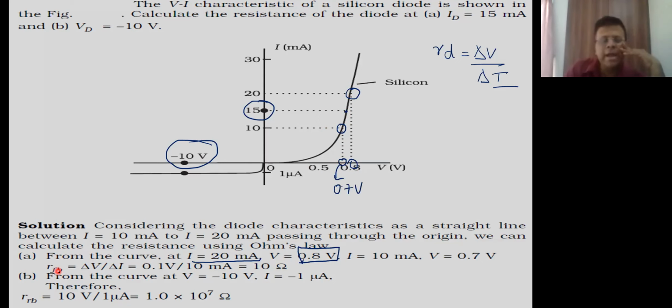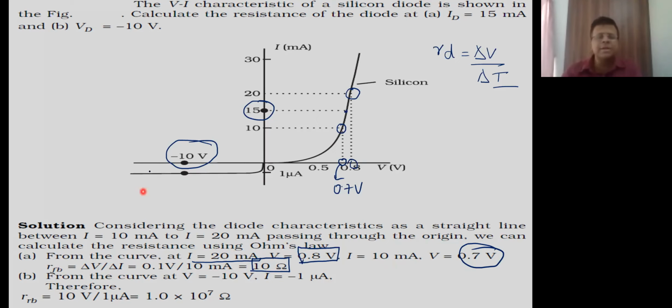So your dynamic resistance, which is the change in voltage divided by the change in current, will be 0.8 minus 0.7 divided by 20 minus 10 milliampere. That is going to give you a very small value, 10 ohms, as your dynamic resistance in the forward bias condition.